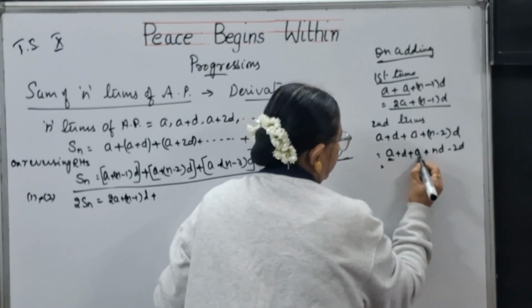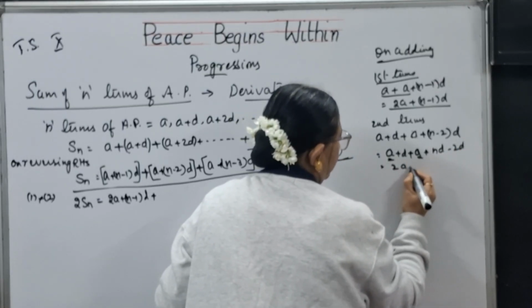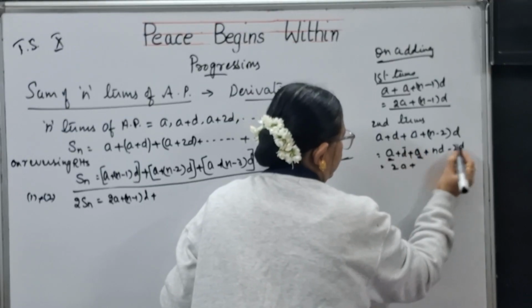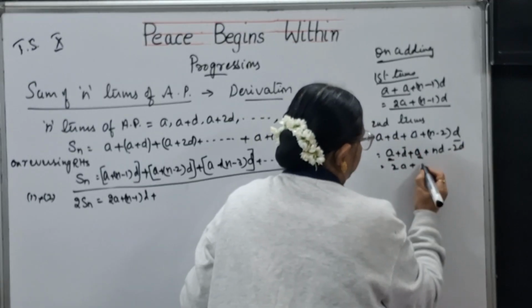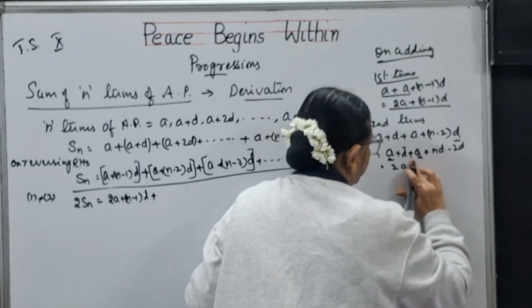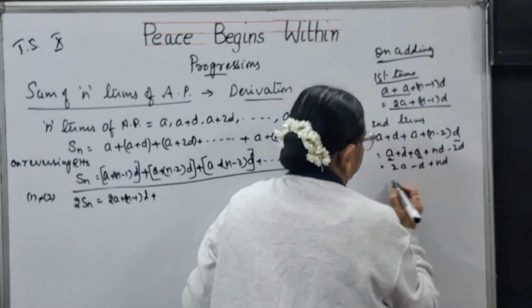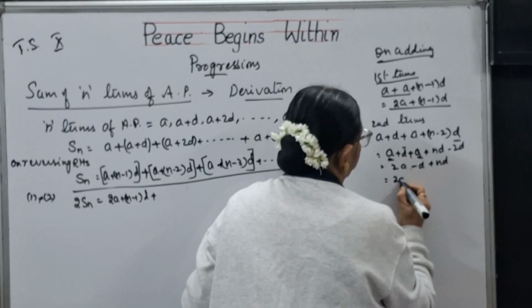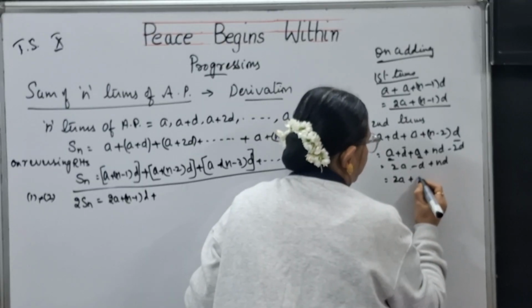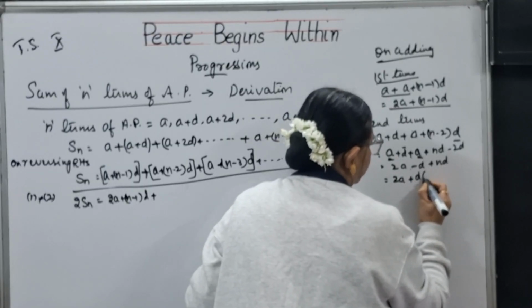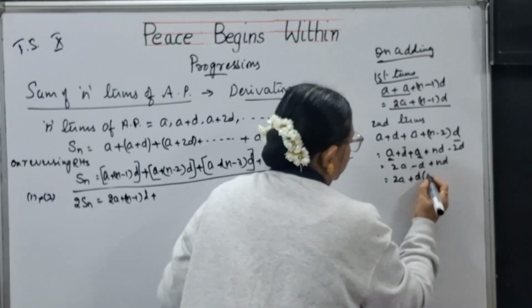That means a and a, 2a plus, d minus 2d means minus d, plus nd. So 2a plus, taking d common, minus 1 plus n.